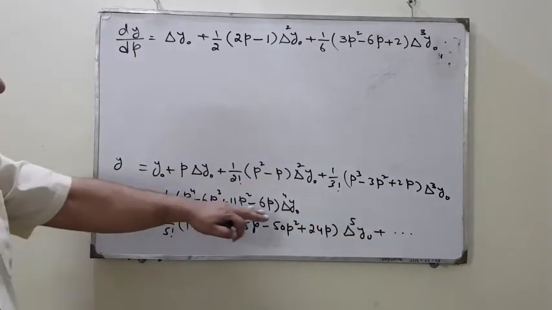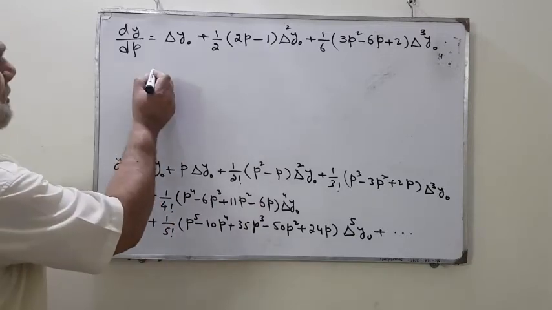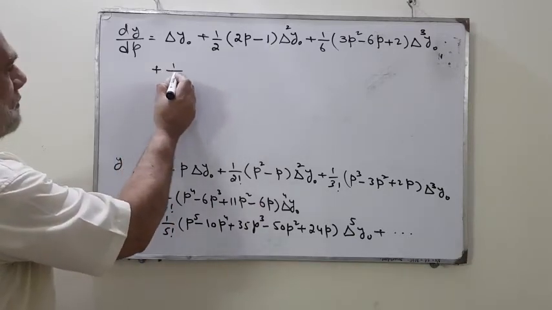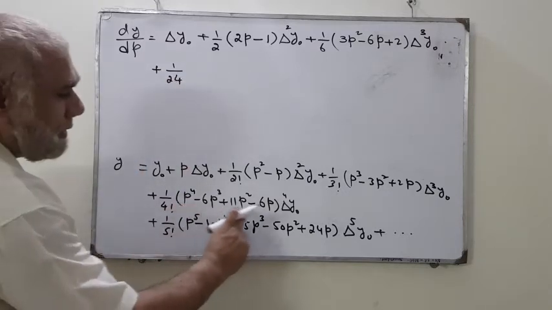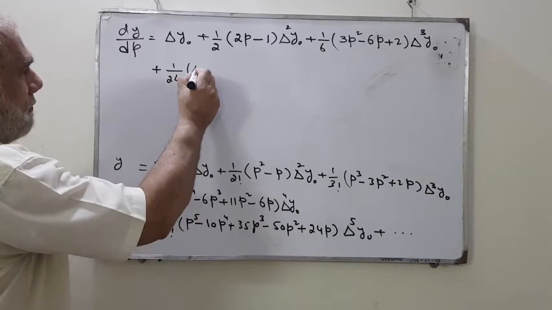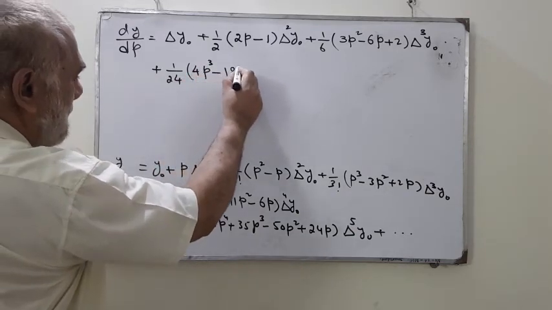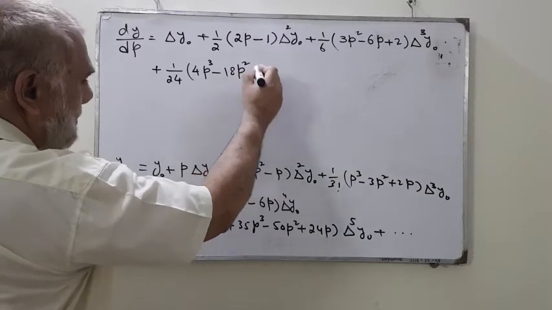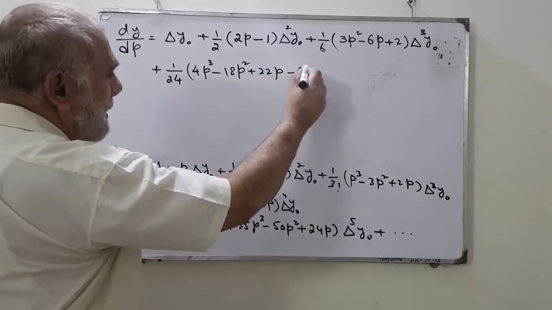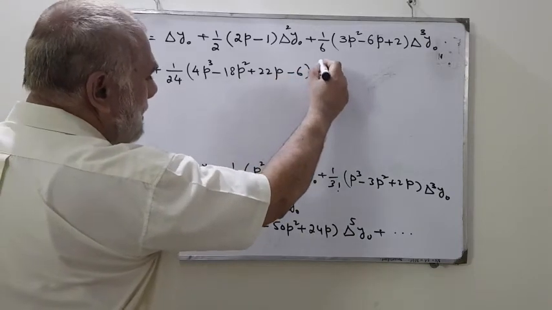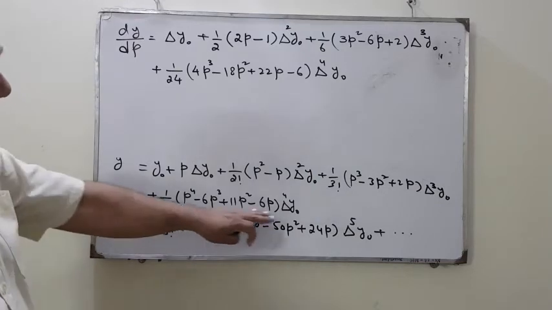Now you have to differentiate this with respect to p, and 1 over 4 factorial is equal to 1 by 24. On differentiating this, we get 4p cube minus 18p square plus 22p minus 6 into delta 4y0. So this is the derivative of this term.